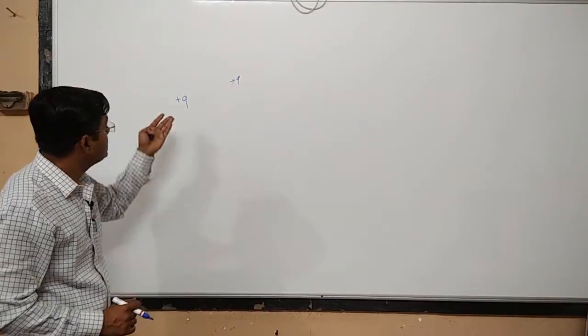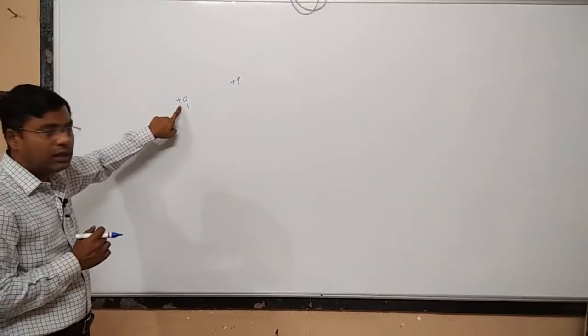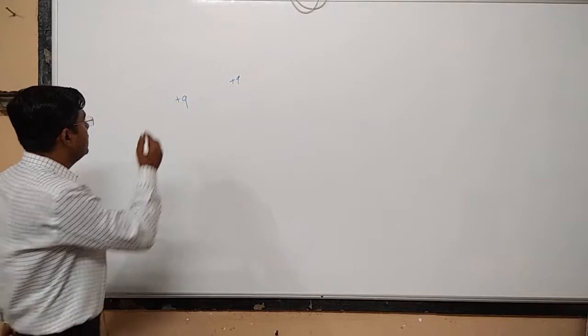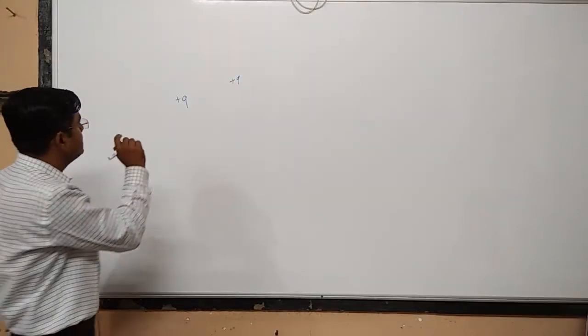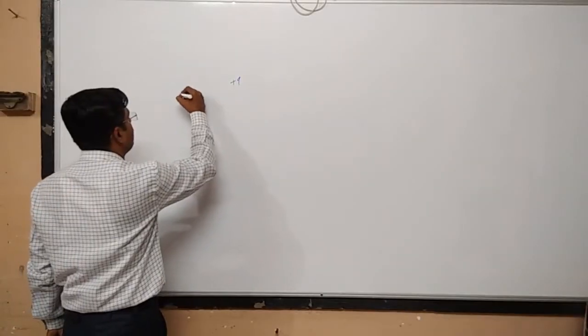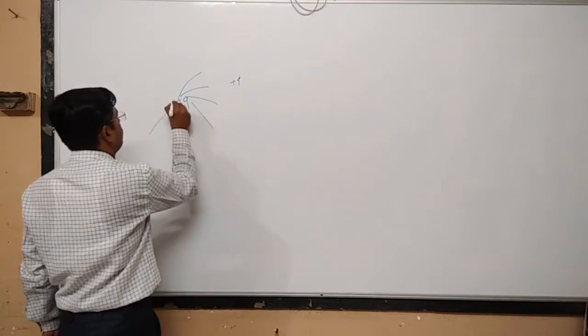Now how is this electric field represented? Suppose there is a charged particle plus q. It will create an electric field in the surrounding region. This electric field will be represented by drawing the electric lines of forces.